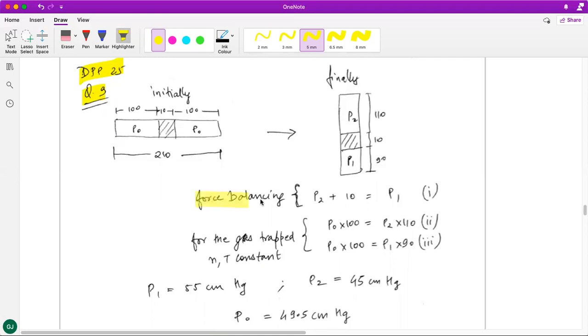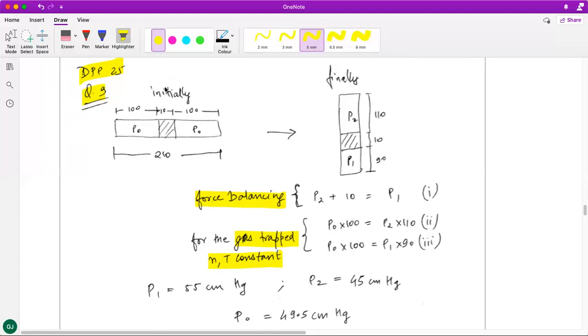One is force balancing on the mercury column, or you can say pressure balancing on the mercury column. And the other concept is that for the gas trapped inside, the n and T values are constant. So P initial into V initial will be equal to P final into V final.